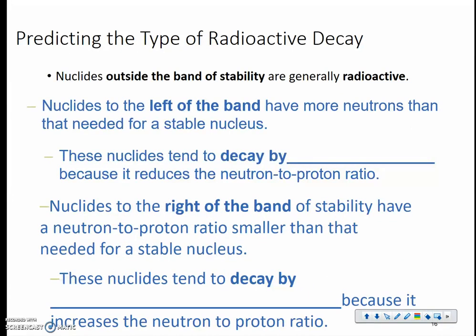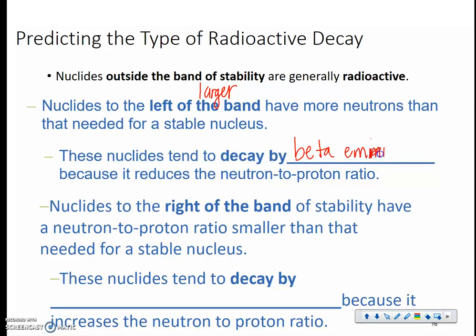So how do we know what's going to do this process? We can look at the ratio of protons and neutrons and see if they fall outside of that band of stability. If they are to the left of the band of stability, which means that they are larger, they have more neutrons than they need. So they tend to undergo beta emission.